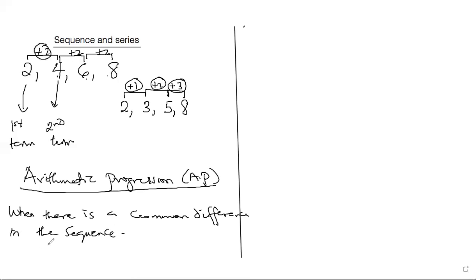Just like the sequence I gave the other time, 2, 5, 8, 11. Now this one, there's a common difference of 3 because from 2 to 5, you add 3, from 5 to 8, you add 3, from 8 to 11, you add 3 again. So this is an arithmetic progression with a common difference of 3.